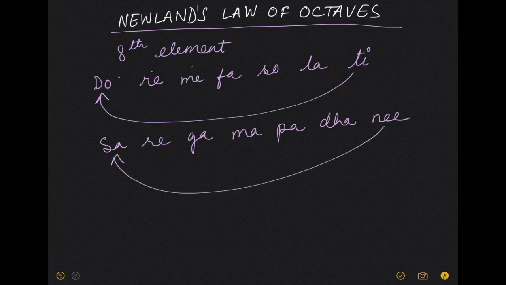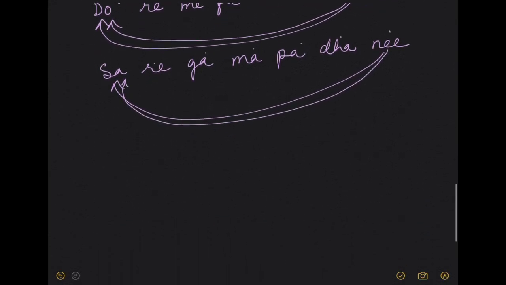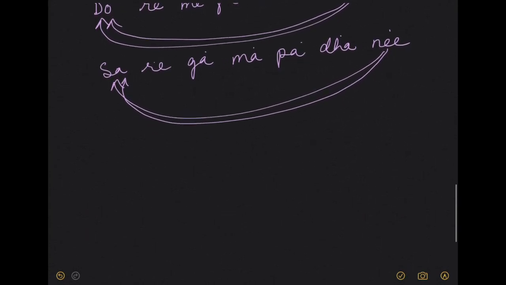So 1, 2, 3, 4, 5, 6, 7, 8 coming back to the same. Again same here, 1, 2, 3, 4, 5, 6, 7, 8 is coming back to the first. So Newlands divided the elements into horizontal rows of 7 elements each. The noble inert gases at that time were not discovered.